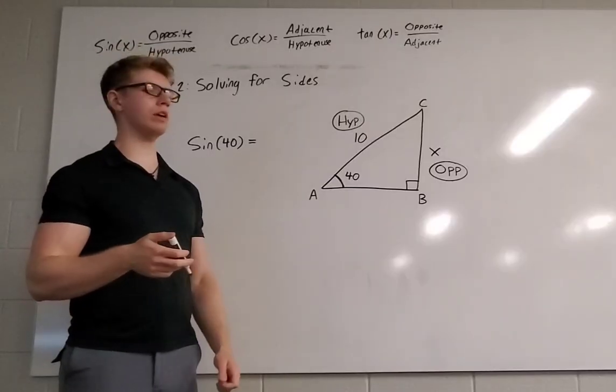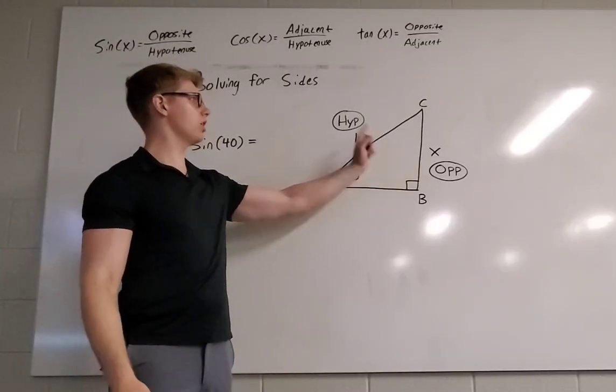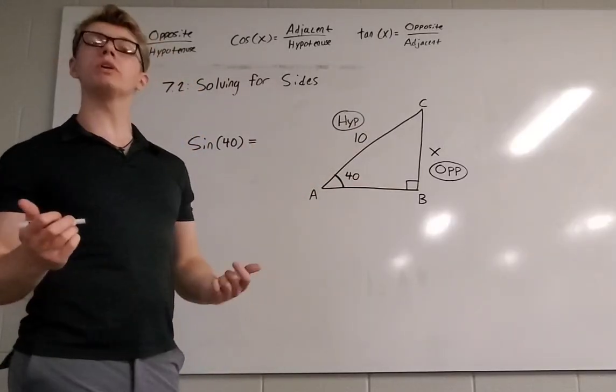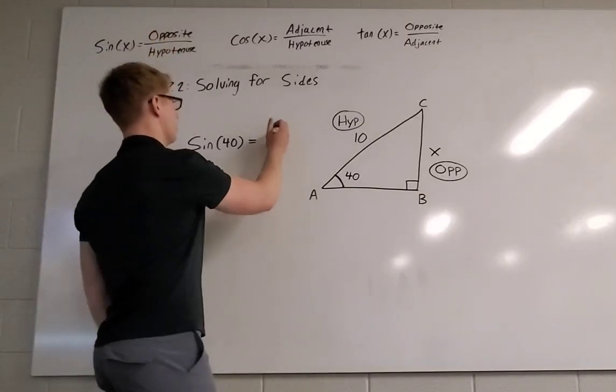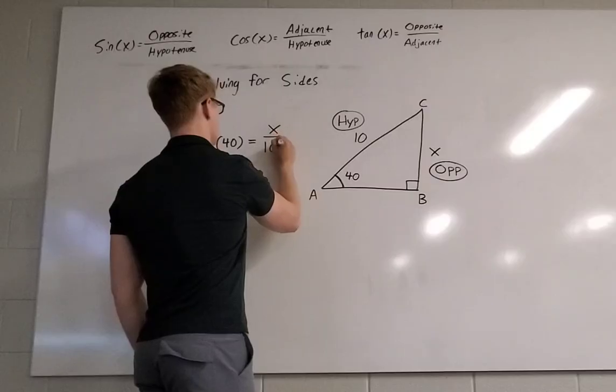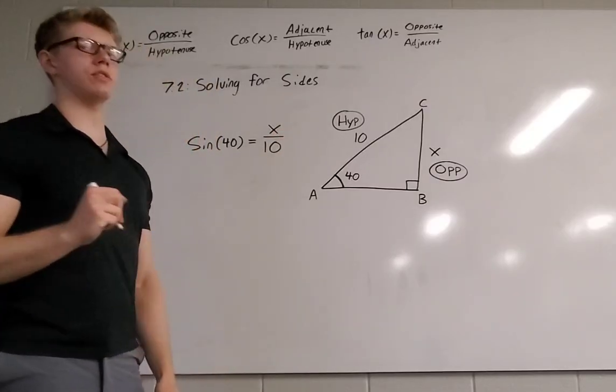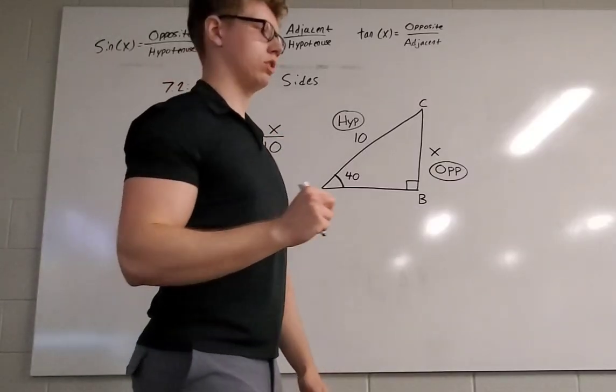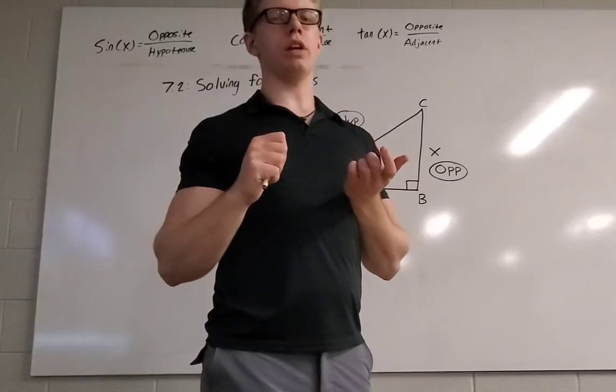Then we've got to set up the rest of our ratio. Sine is opposite over hypotenuse. Our opposite we don't know, but it's labeled a variable, and we're going to put that right there. That is our x, and then our hypotenuse is 10. Now, I'm going to take a little detour for a second.